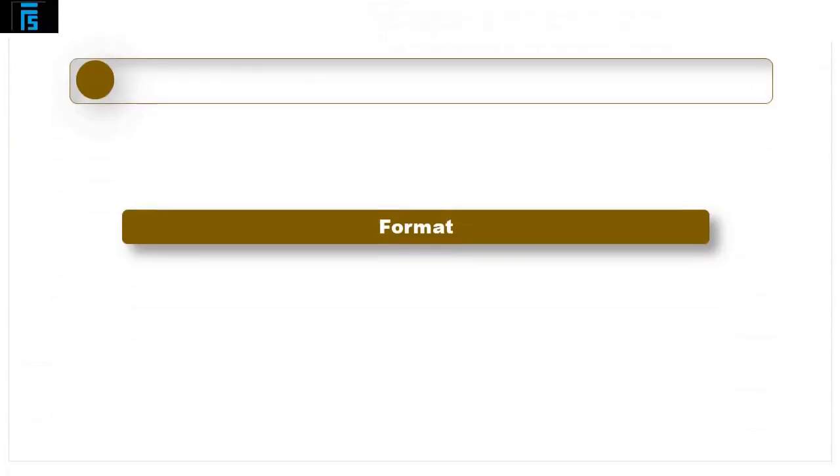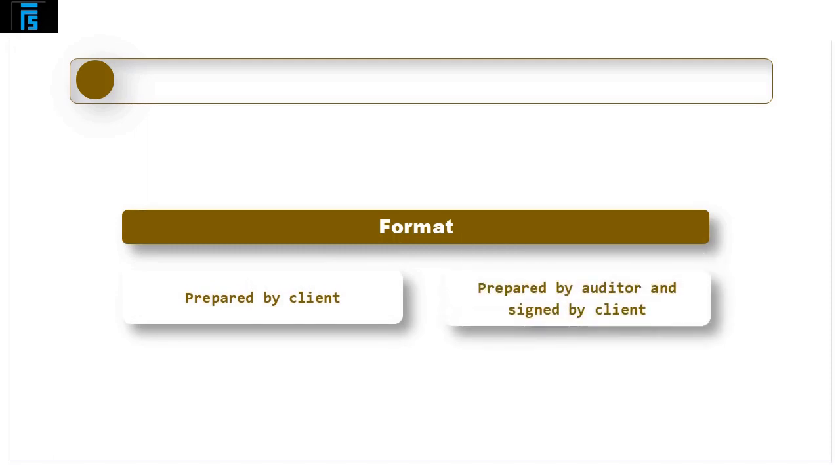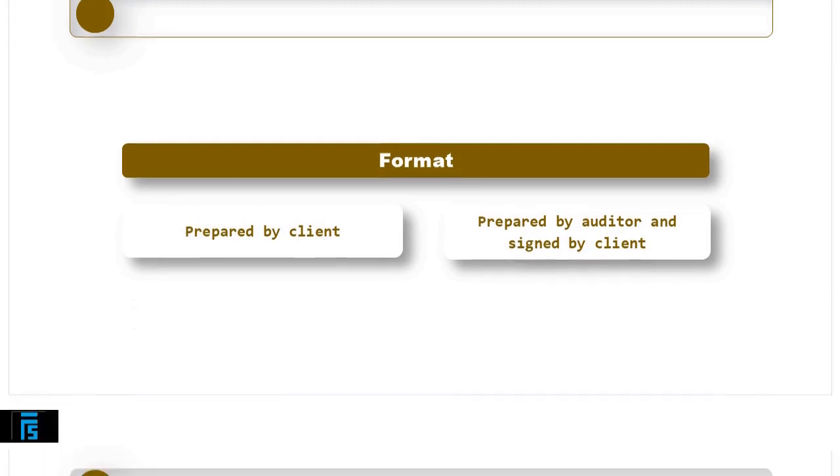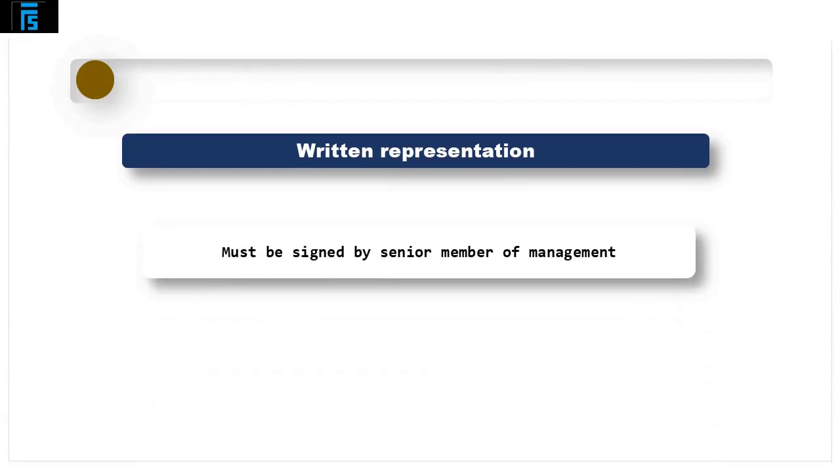The format of the written representation can vary. It can be a written statement prepared by the client, or it can be a letter or statement prepared by the auditor and then finalised by the client on headed paper. Either way, the written representation must be signed by a senior member of the management of the client, for example, the Chief Executive or the Chief Financial Officer.